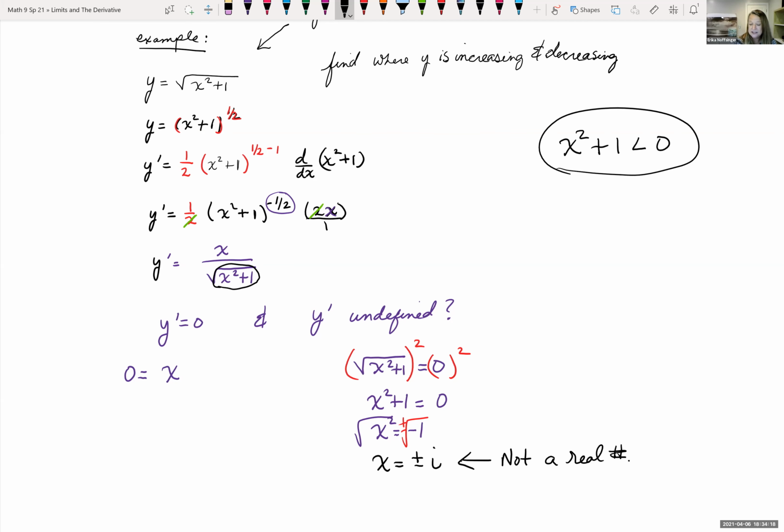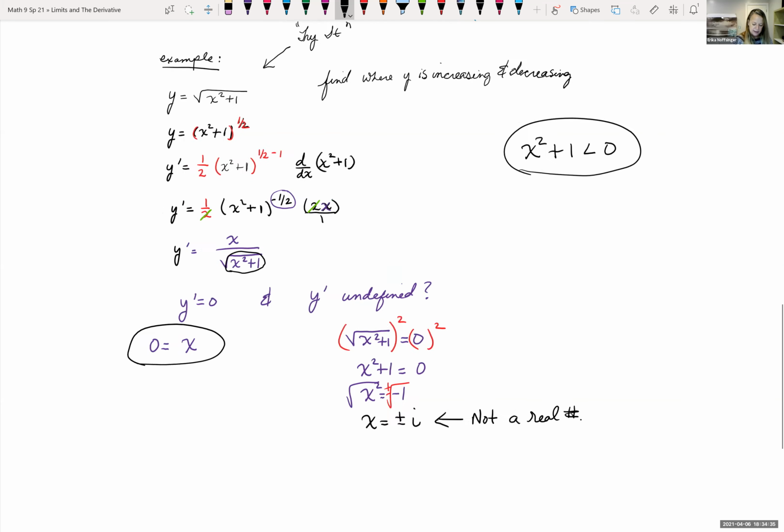It makes sense because if you square any number, it's positive, plus 1 is always a positive number. Okay, so this is defined everywhere. We don't have any critical numbers from undefined values. Oops, we do have one, x equals 0. So now we need to test on each side of that.